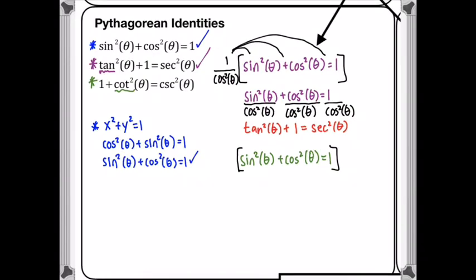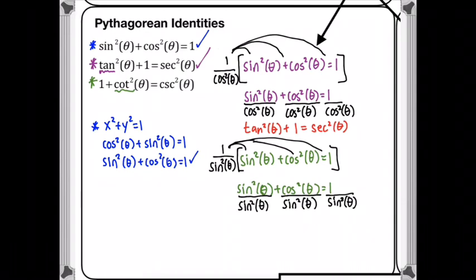So I'm going to multiply the entire thing by 1 over sine squared theta, and when I distribute, that is going to give me what we need.